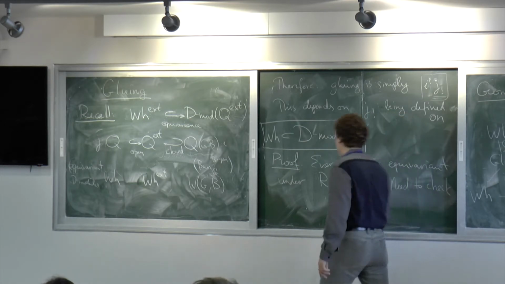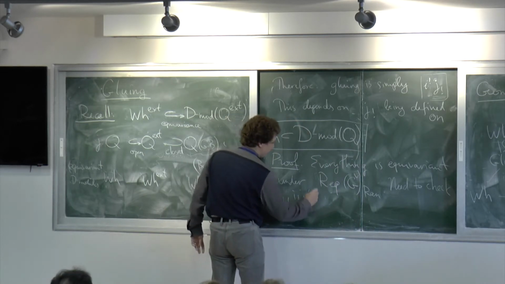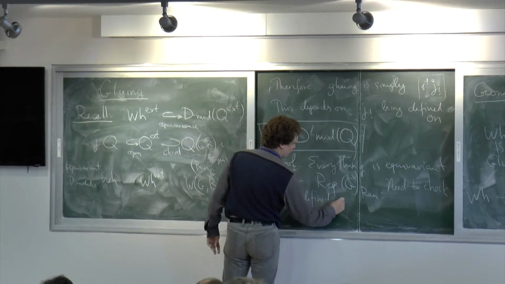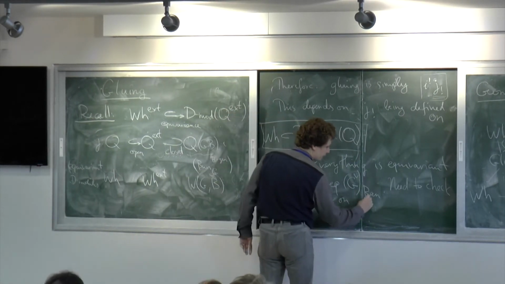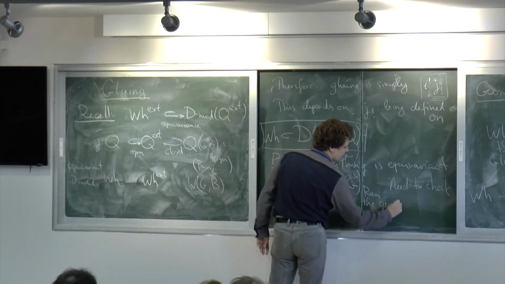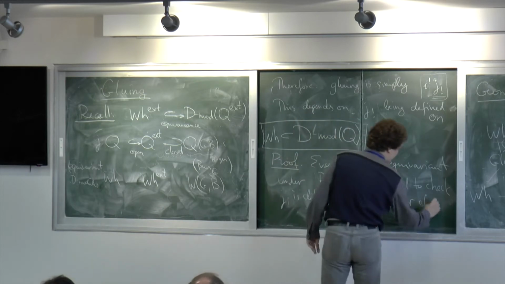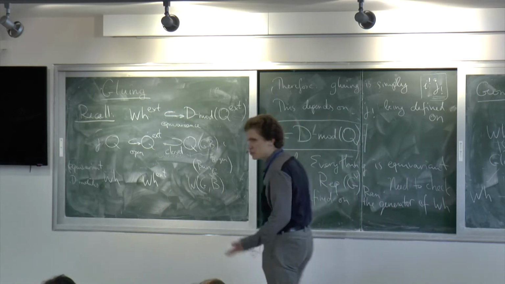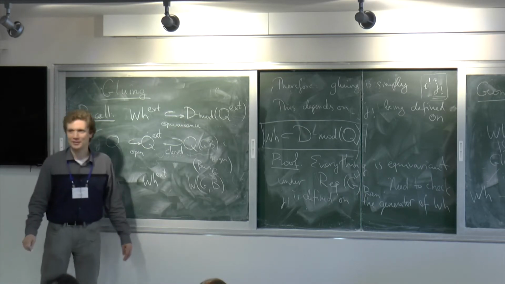Need to check that J shriek is defined on the generator of this category. And this generator is holonomic in an appropriately defined sense.